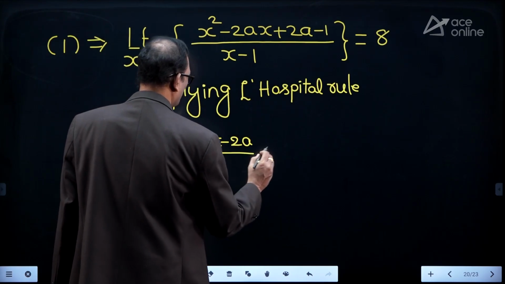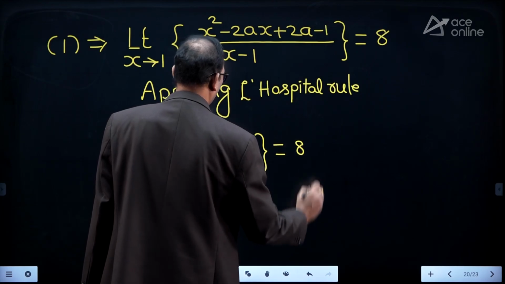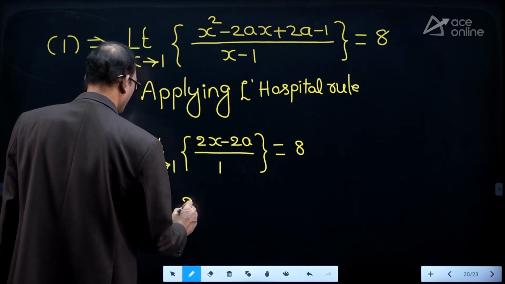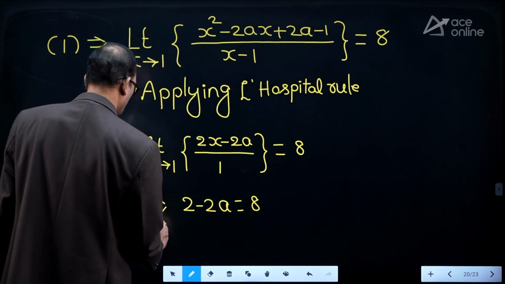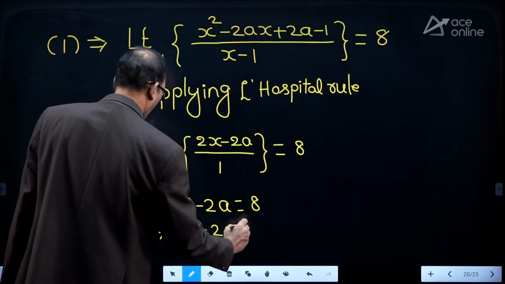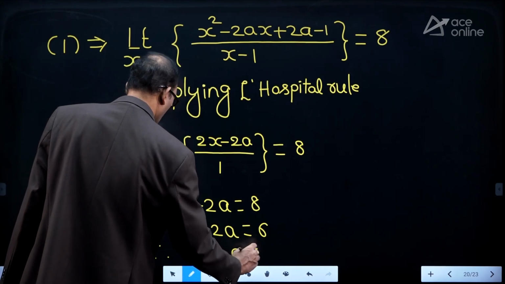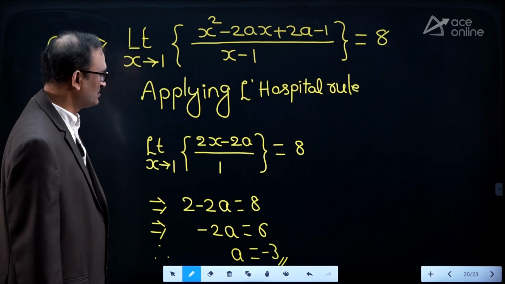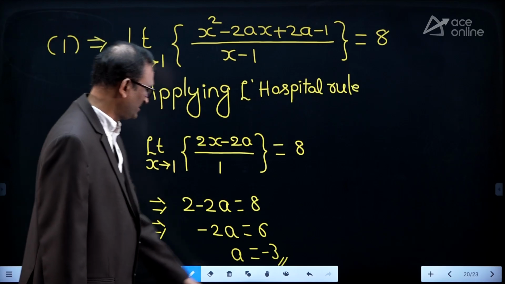So 2x minus 2a divided by 1 equals 8. Taking x equal to 1, 2 minus 2a equals 8, so minus 2a equals 8 minus 2, which is 6. Therefore a equals 6 by minus 2, which is minus 3. So the a value is minus 3.